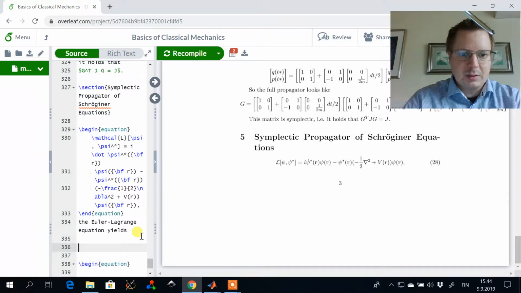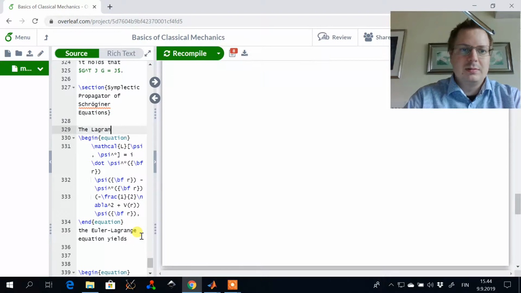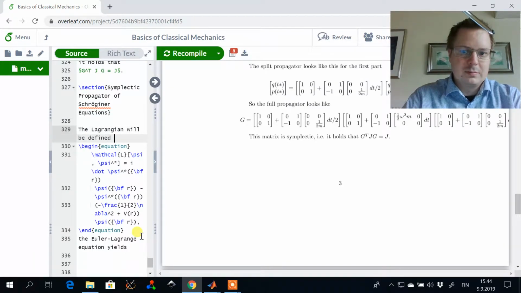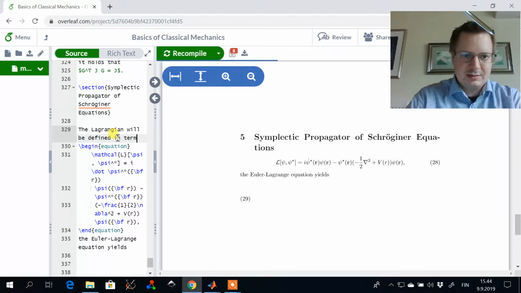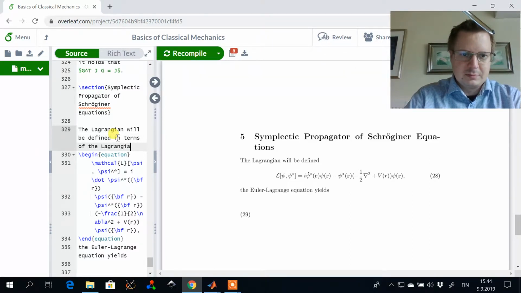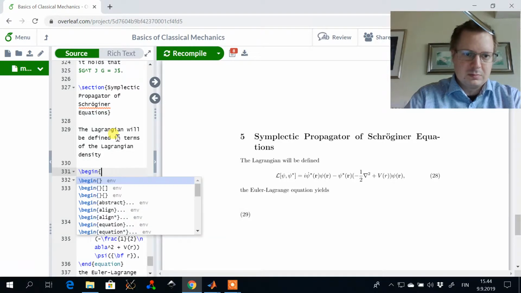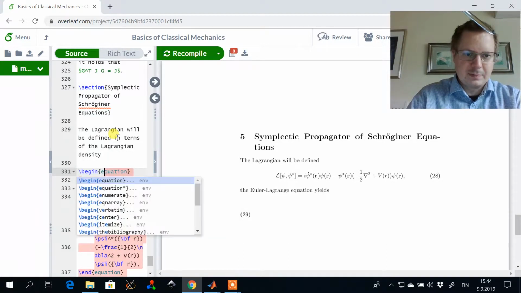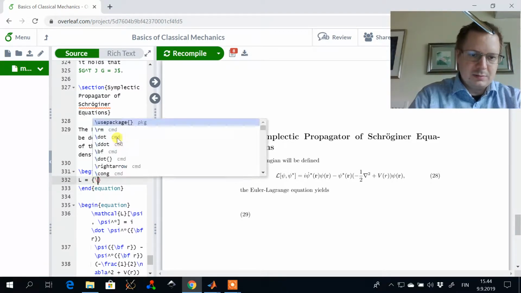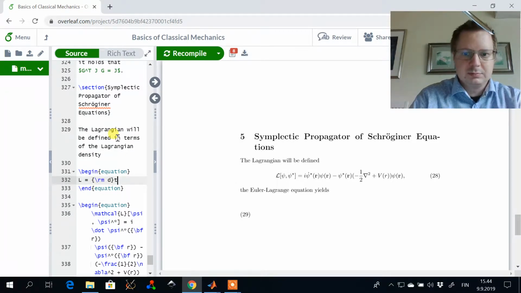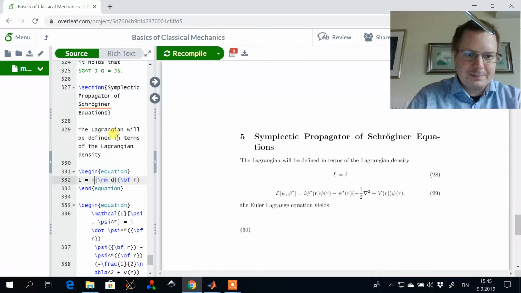So just to be complete, the Lagrangian will be defined in terms of the Lagrangian density, like so. So we integrate over the field.